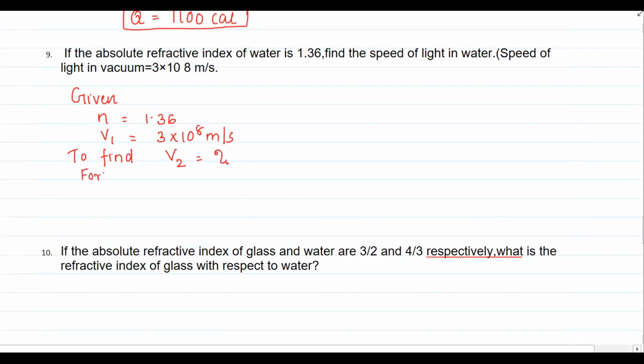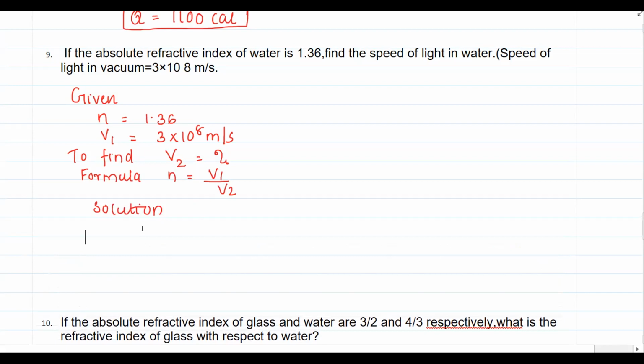Formula of refractive index N is equal to V1 upon V2. That is, on substituting in this, solution is N is 1.36 is equal to V1 is 3 into 10 raised to 8 upon V2.